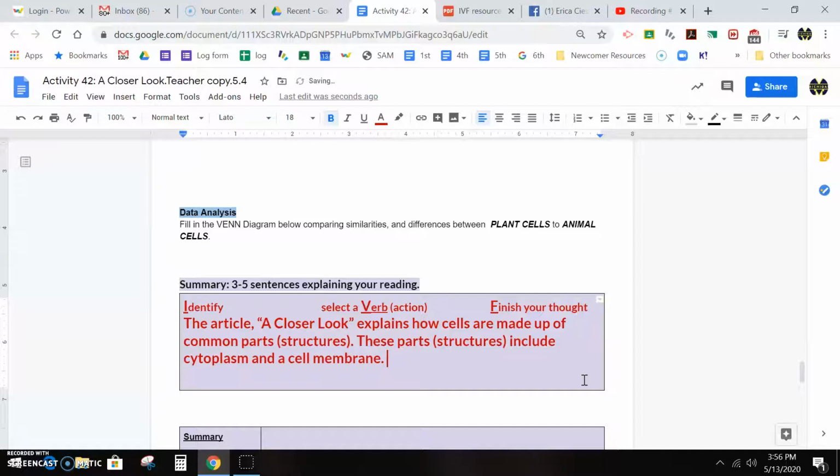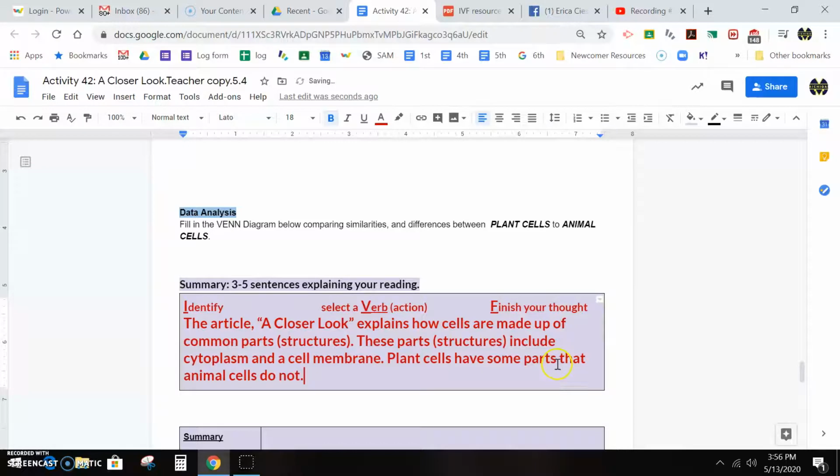So I just gave 2 examples. I'm probably going to want to talk about some of those parts of a plant cell. Plant cells have some parts that animal cells do not.